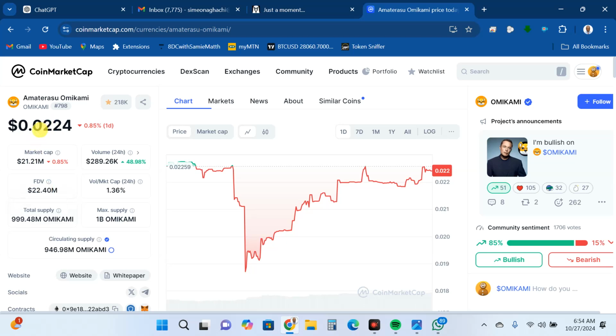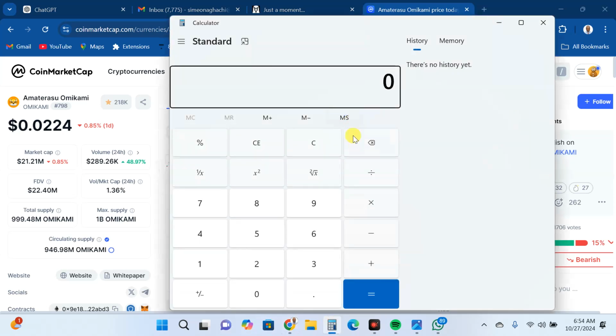The current market price is this 0.224. Now the circulating supply is 946 million point 98 million. You're going to be very accurate, so let's do that, and then we know the market cap, whether it's going to tally with what we have. Okay, so circulating supply is 946 million.